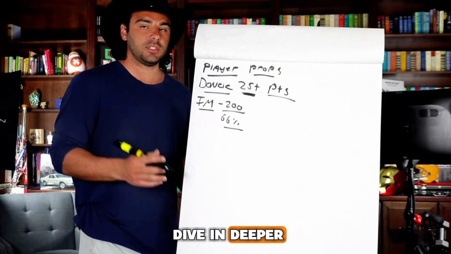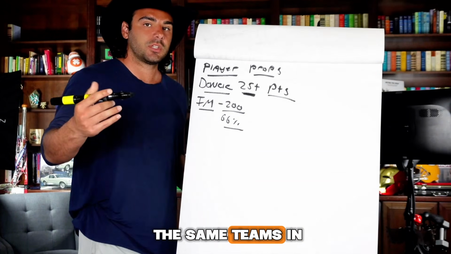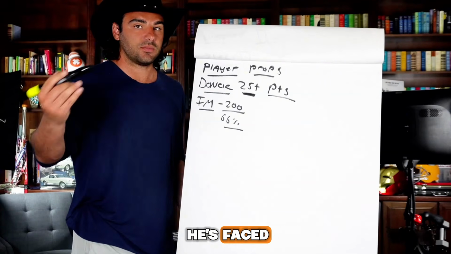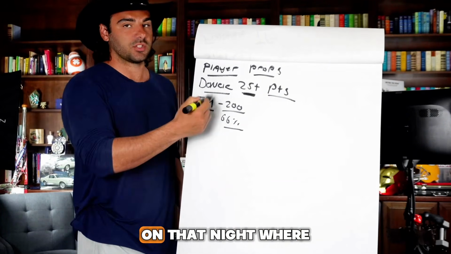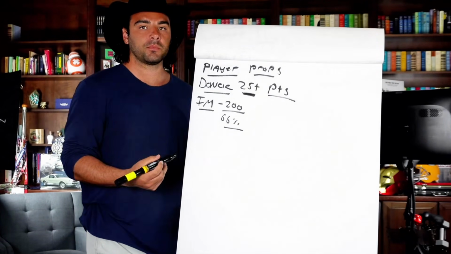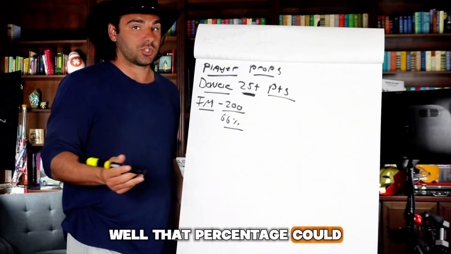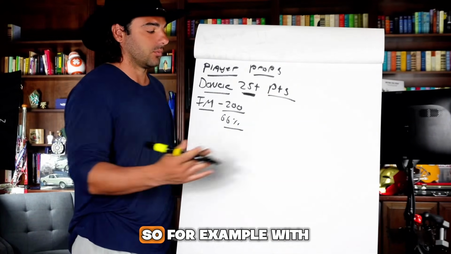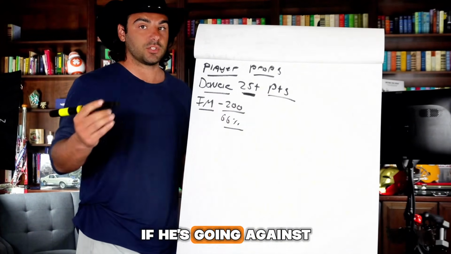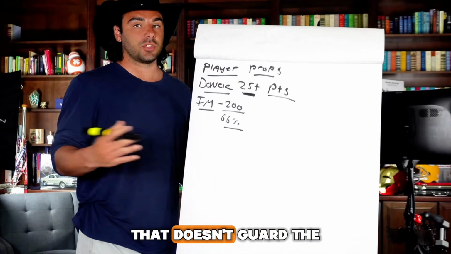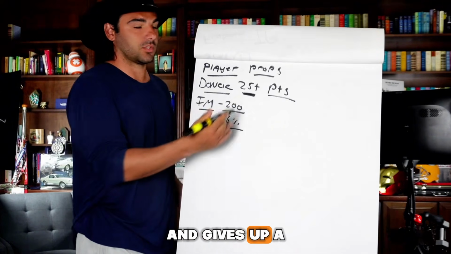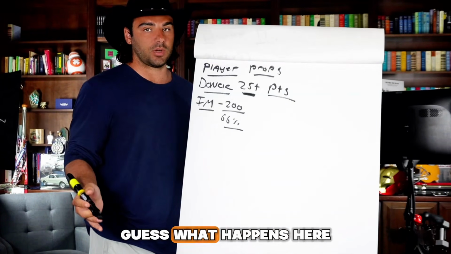But now if we dive in deeper and look at the same teams in the same category that he's faced that are similar to the team he's going against on the night we're looking at this bet, that percentage could be even crazier. For example, if he's going against a team that doesn't guard the point guard well at all and gives up a ton of points, guess what happens here?